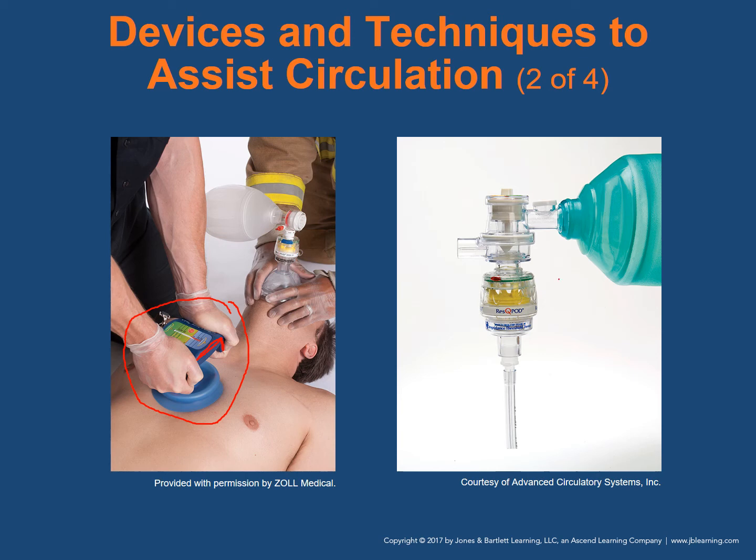And over here you see the impedance threshold device, the ITD. This one's called the rescue pod. And like I said, it fits between the BVM here and the endotracheal tube here. So, like I said, it limits the amount of air that's in the lungs between compressions, and allows the heart to expand and fill with blood more effectively.